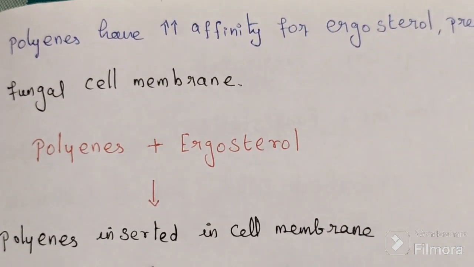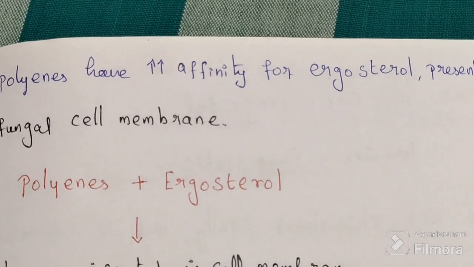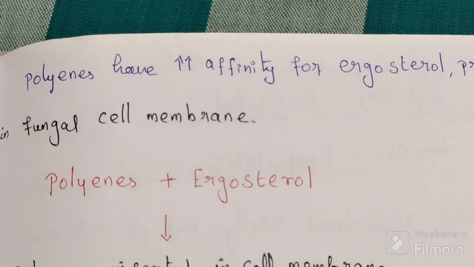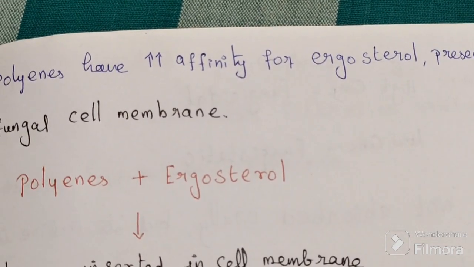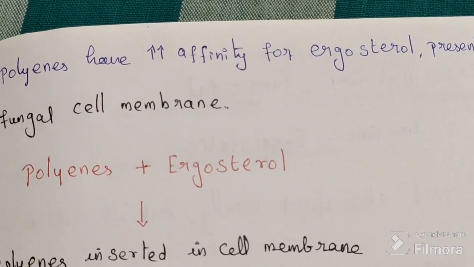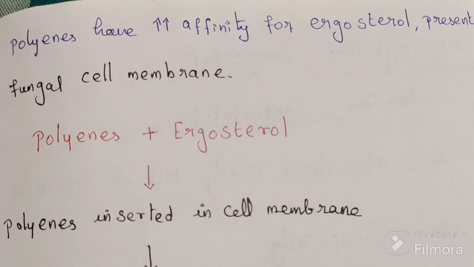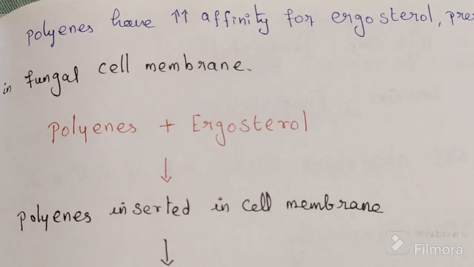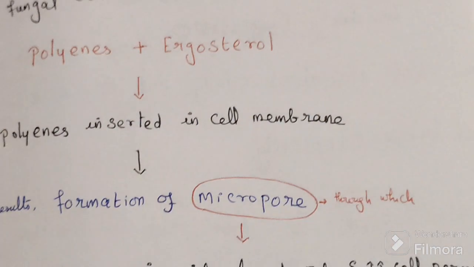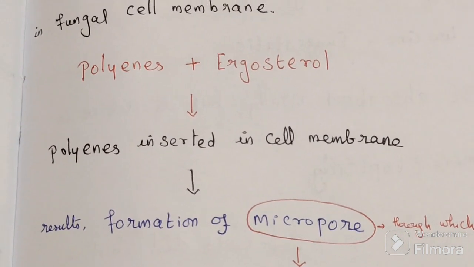Polyene has increasing affinity for ergosterol, which is present in the fungal cell membrane. The polyene combines with ergosterol and is inserted in the cell membrane, resulting in the formation of a micropore.